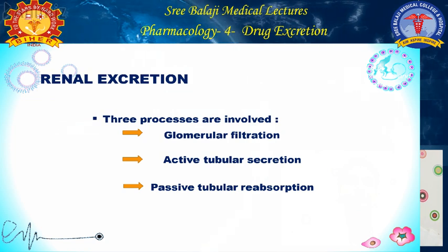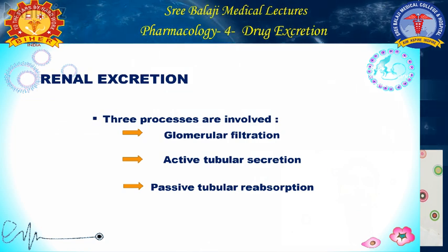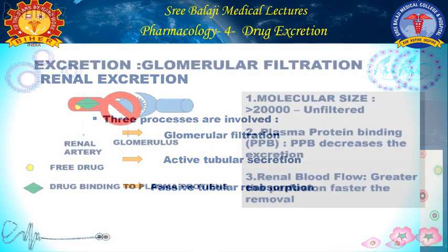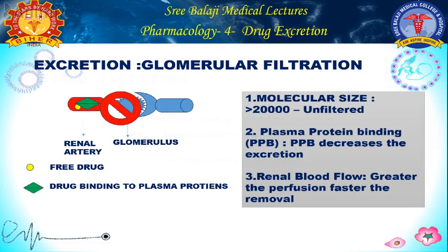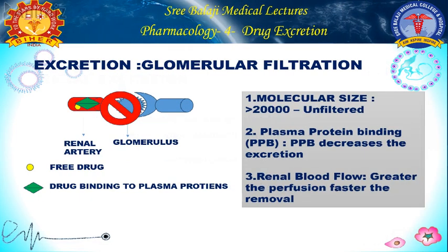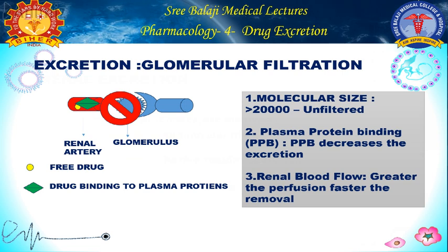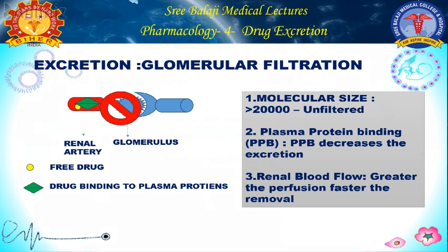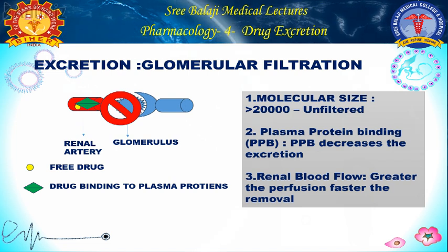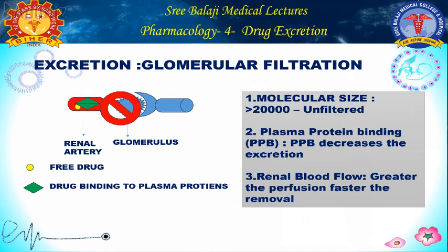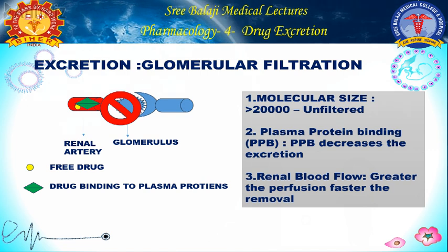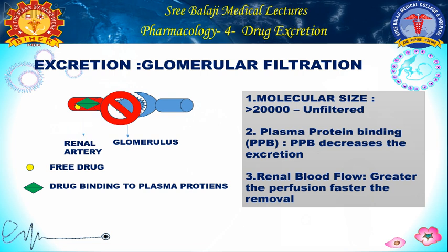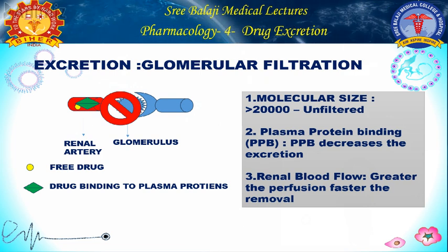Not all of the drugs are going to pass through. Smaller molecules will pass more easily via glomerular filtration, whereas if the compound has a larger molecular weight or is bound to protein, then it cannot pass through the glomerulus.